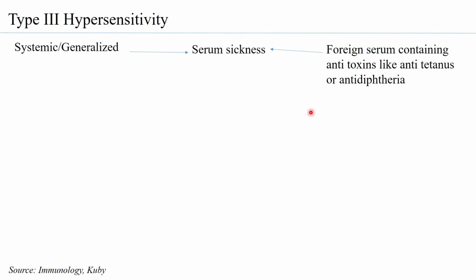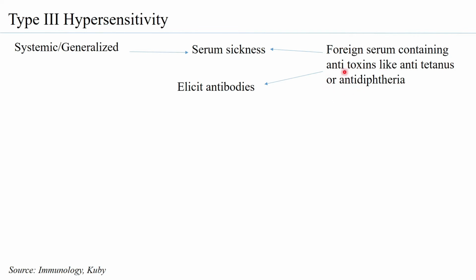So if in a human, horse anti-tetanus or horse anti-diphtheria is added, then it has a certain level of antigenicity because it has been produced in the horse, and so this can elicit production of antibodies, and the antibodies can bind to these antitoxins.